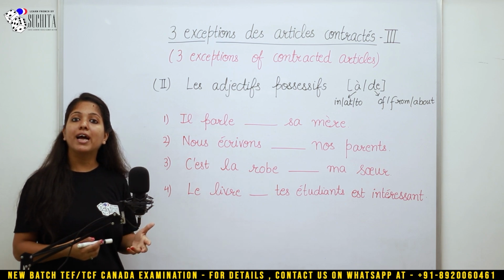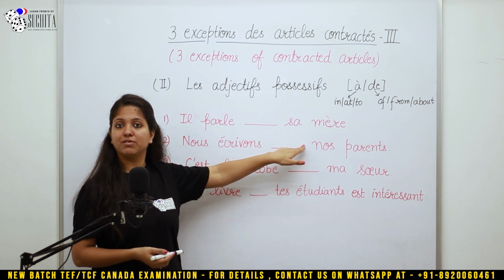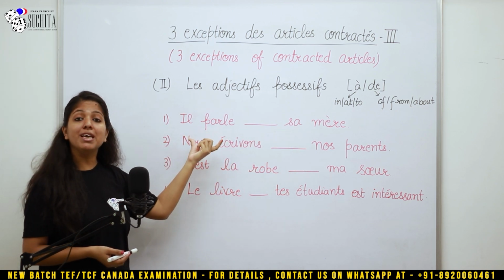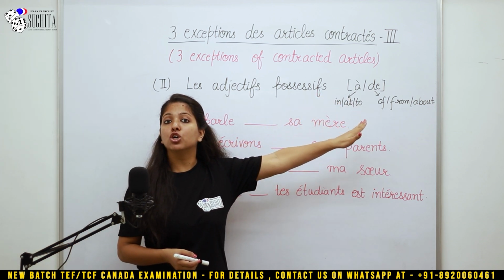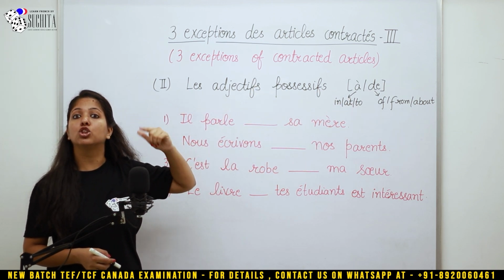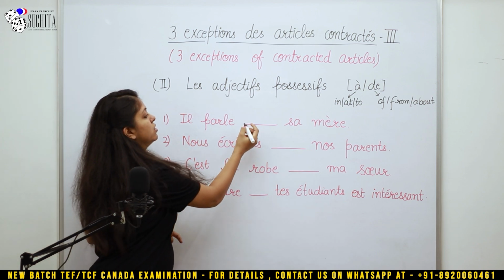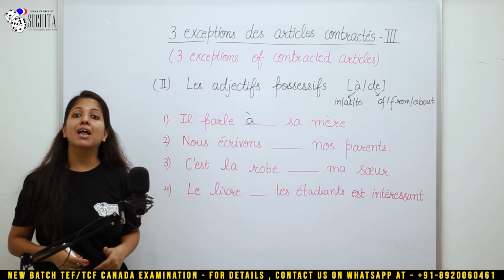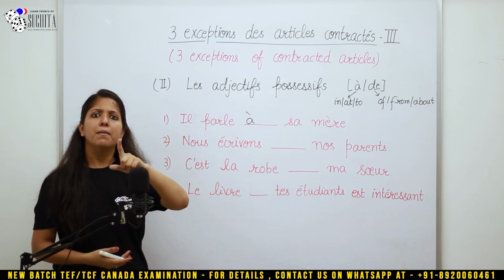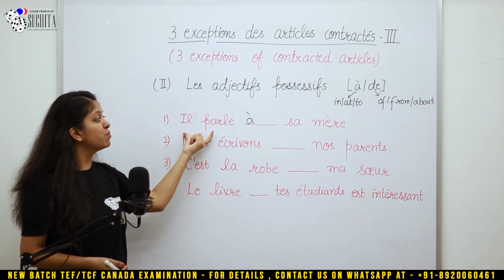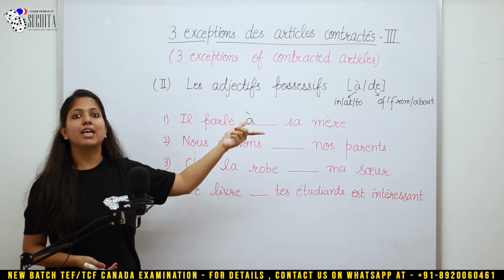No, you do not add the if you have a possessive adjective after it. So simply you have to put either à or de. You will not add the definite article to it. Okay? So it becomes il parle à sa mère. He speaks to his mother. By the way, if you want to say "he speaks about his mother", even that is okay.